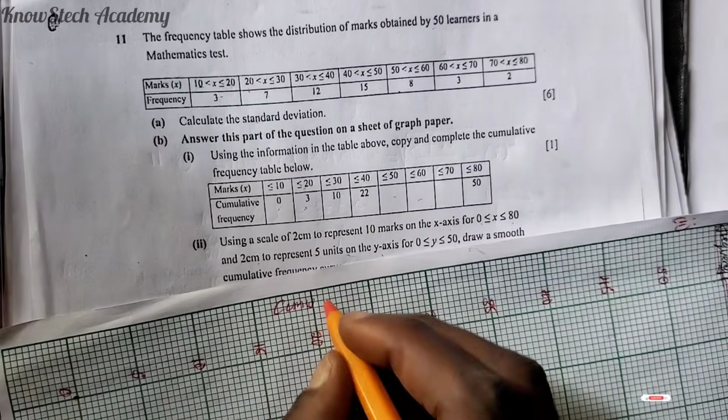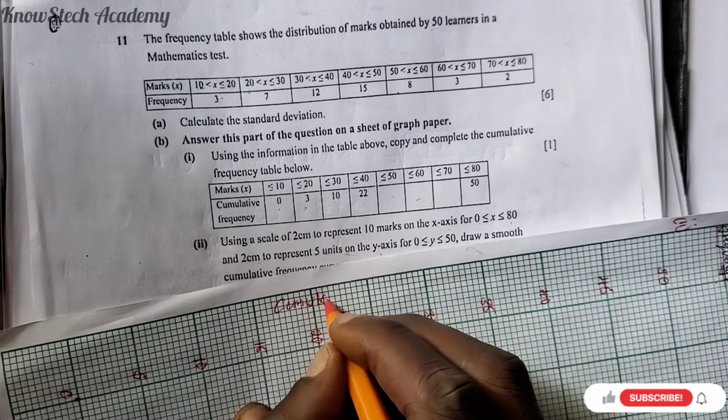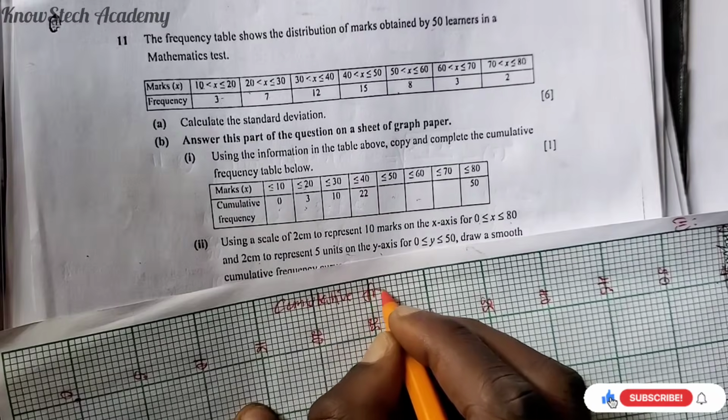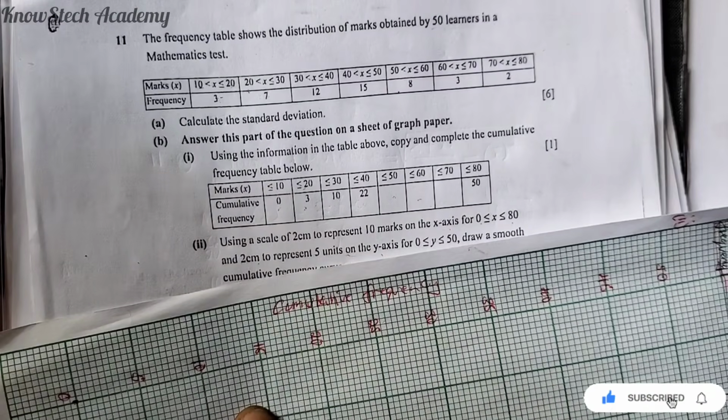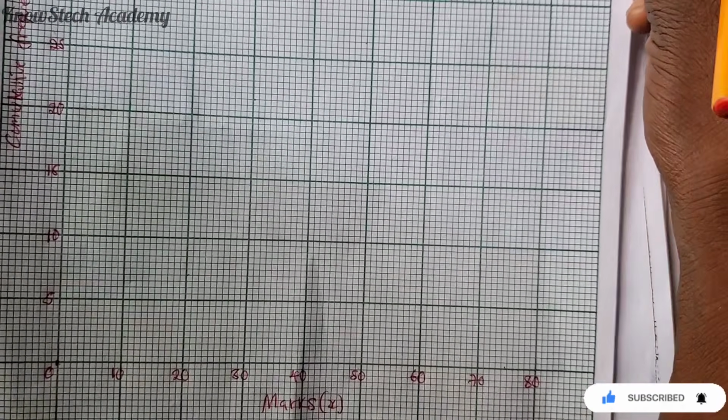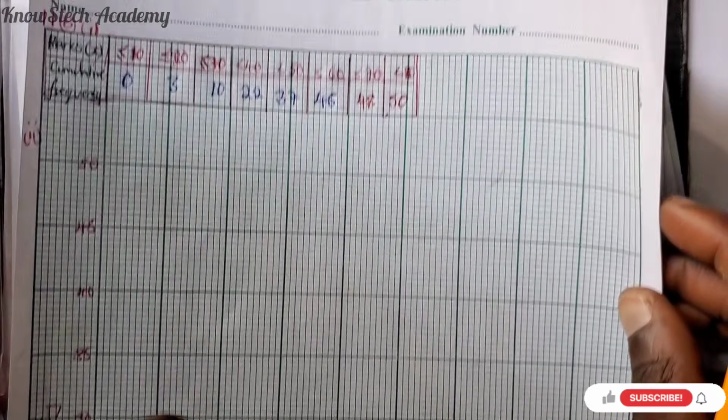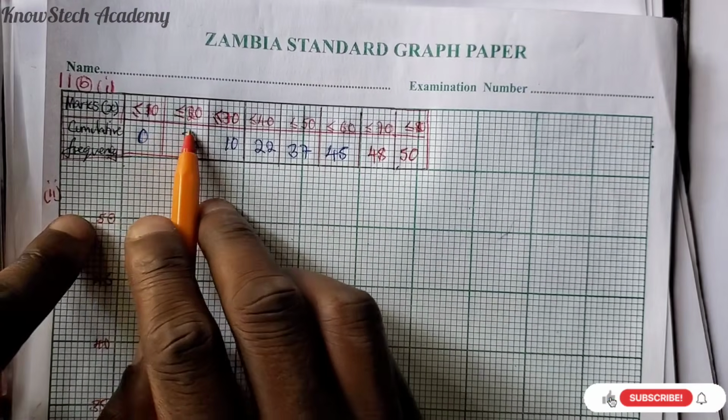Cumulative frequency. Okay, like this. So now let's start plotting using the coordinates here.